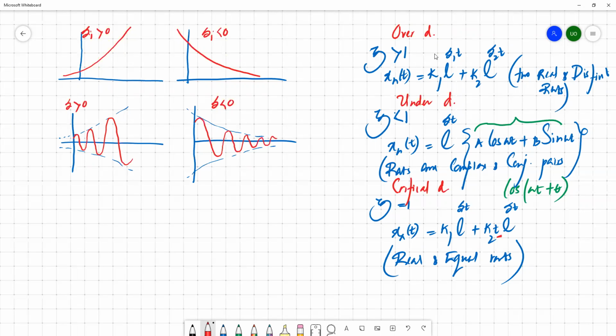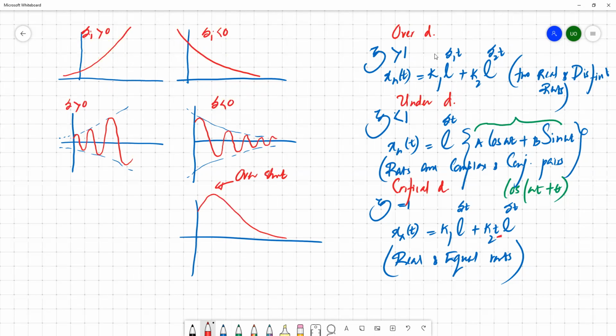If this sigma is less than 0, you will end up with this kind of a function, with this overshoot, and you have a decaying function.